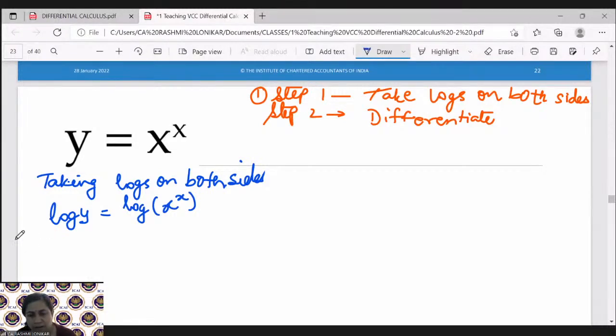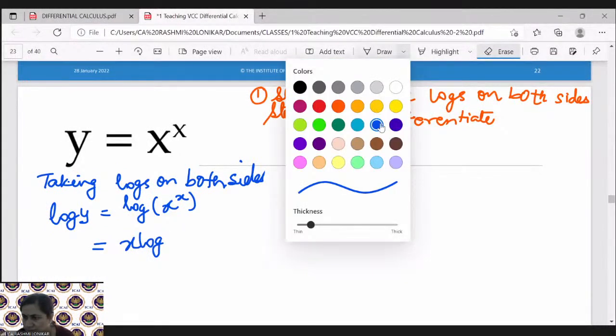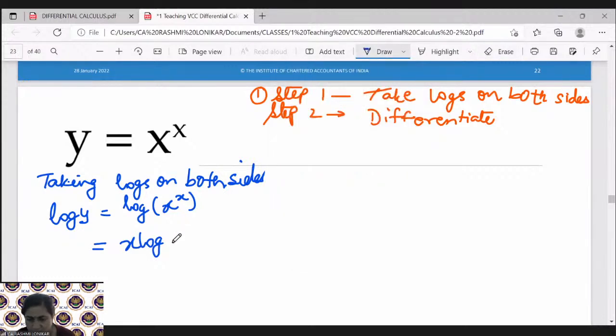Now I know that this will be equal to x log x. So log y is equal to x log x.